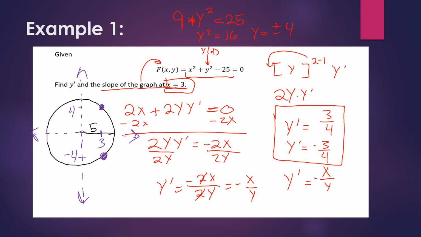And if I want to find the slope, it's going to be something like this and something like this. And we calculated these. This is going to be negative 3/4, and this one's going to be positive 3/4. But that's why we're getting two answers. We're looking at a circle here. So when x equals 3, we actually have two different y values. And that's something that we're going to run into every so often in these types of problems.